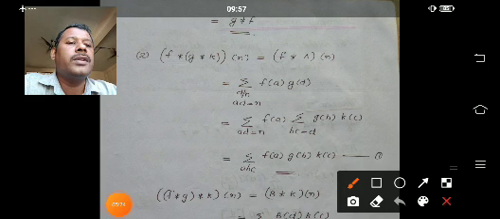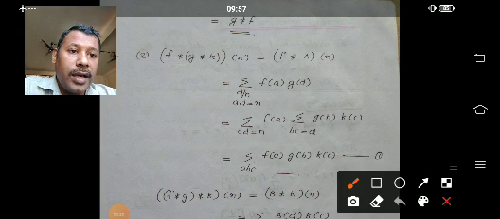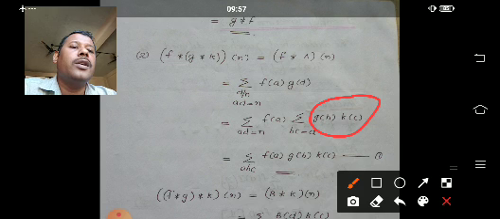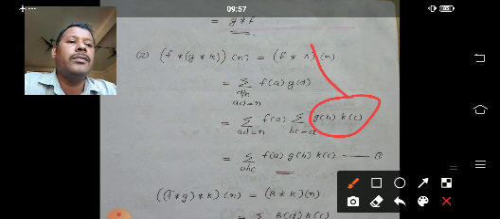From the above definition, we know that it is the summation over d dividing n, Ad equal to n, of f(a) A(d). Okay. That equals the summation over ad equal to n of f(a) times the sum over bc equal to d of g(b) k(c), which comes from A.